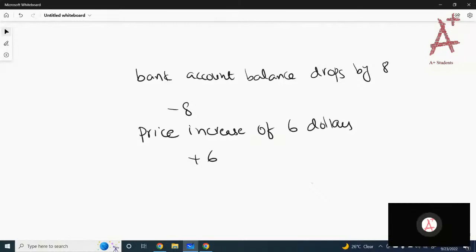Okay, the next one is a one dollar off coupon. So it's an off. Off means less. So it's negative one. Decrease. So it's negative one. Got it? Okay, the next one is a child grows 4 inches taller.